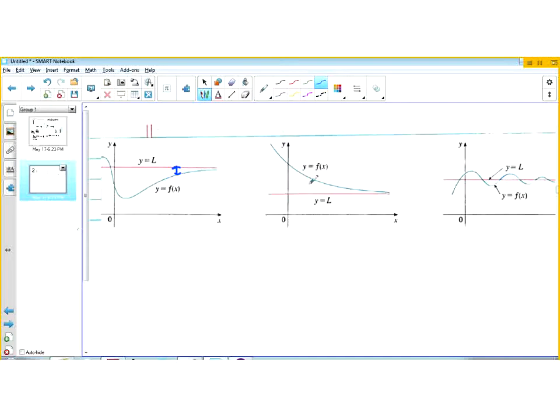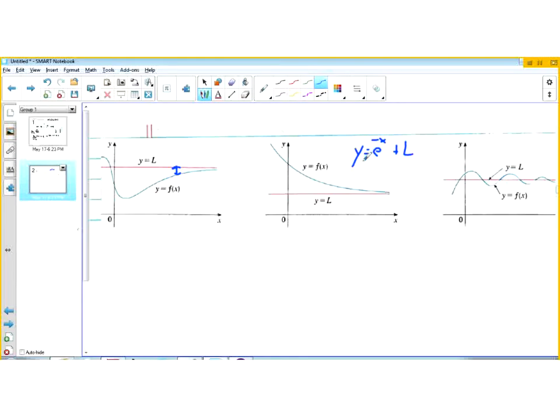Now in the next case, say in this middle case, it looks like this may be something of a vertically shifted exponential function. Say perhaps a possible formula for this blue curve could be y equals e to the x plus L. Okay? And again, or how about say e to the minus x plus L. Okay?